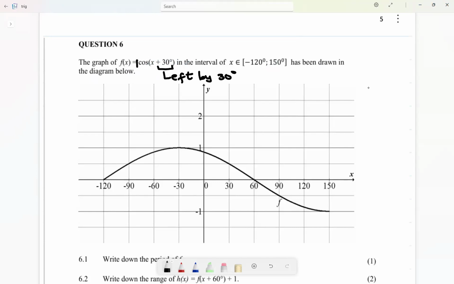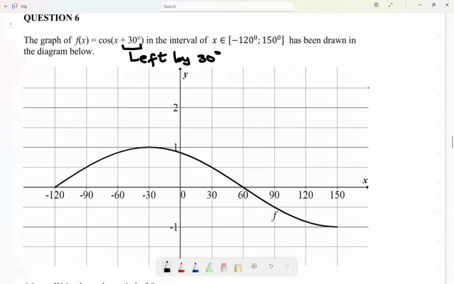And then the amplitude here is 1. If I were to draw the normal graph, of course, it starts at 1. This is 90, 180, 270, 360.